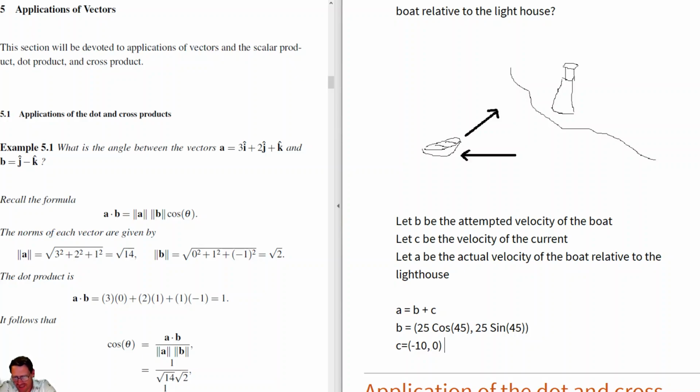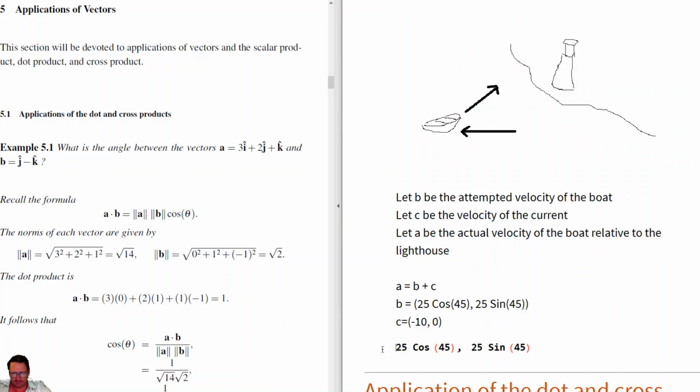All we really have to do in this case is add the two vectors up, but we might want to simplify first. So I'll go ahead and simplify the vector B with my calculator here. I've got to tell it that I want degrees.